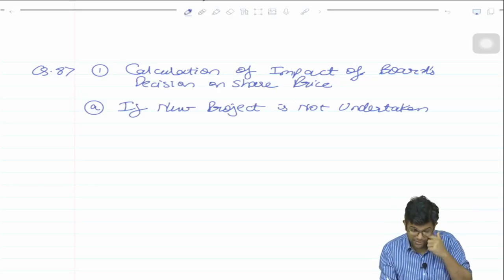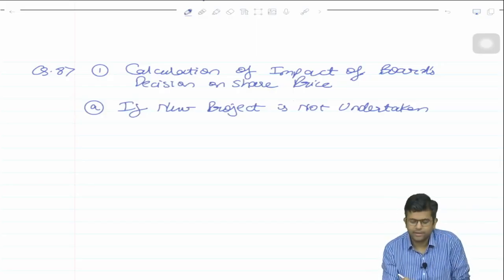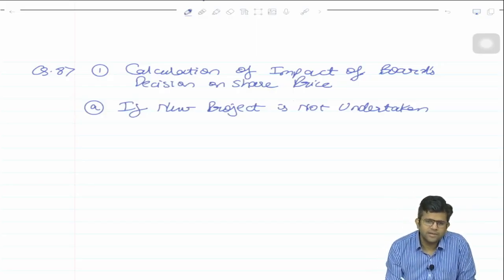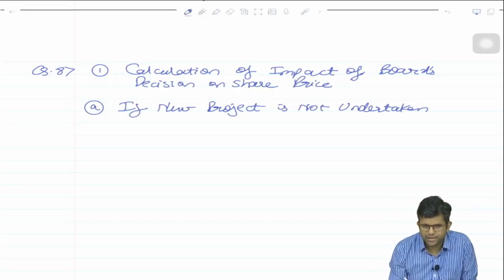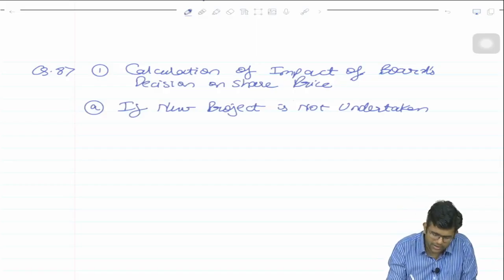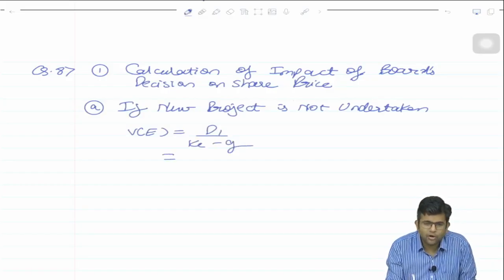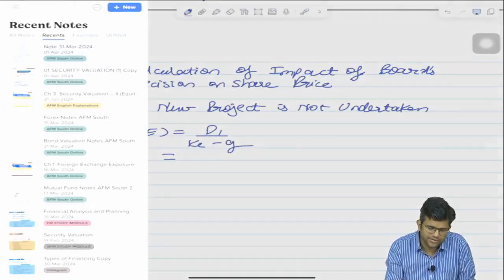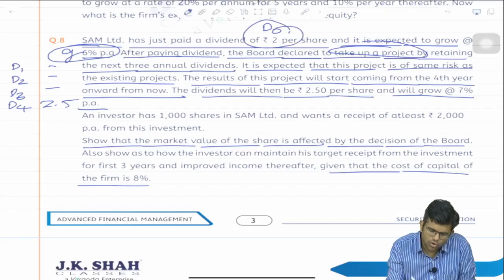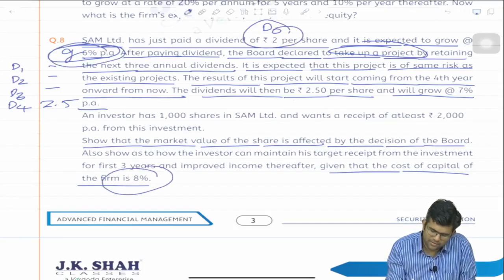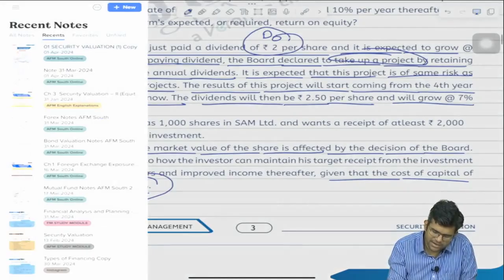Now listen very carefully to this. If the new project is not undertaken, which means the board does not go for the new project, then the normal calculation of valuation will happen, D1 upon KE minus G. Normal growth rate is there. D0 is 2, growth rate is 6% and cost of capital is 8%.